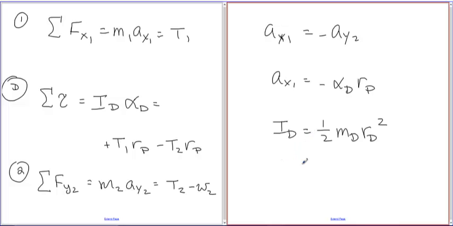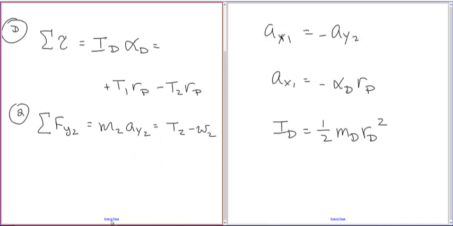So all we have to do is put all this stuff together. And the best way to do it is to solve this one for T1, plug it in here, solve this one for T2, plug it into the second equation. So we already have this one solved for T1, so we can do that. And we can solve this one for T2, so let's do that.